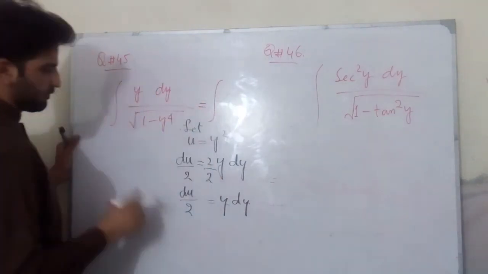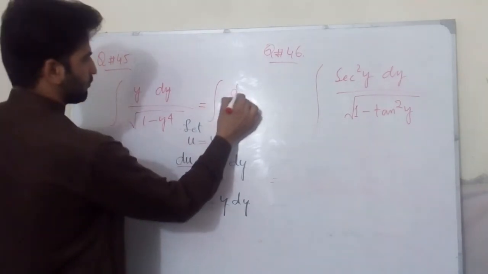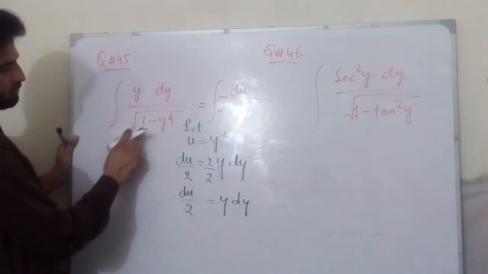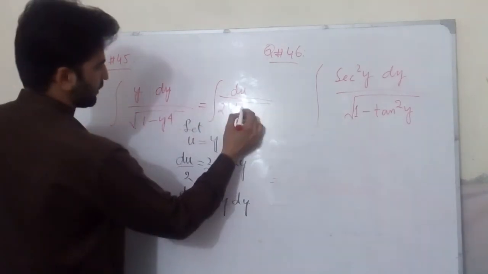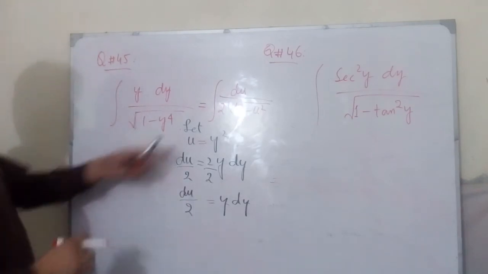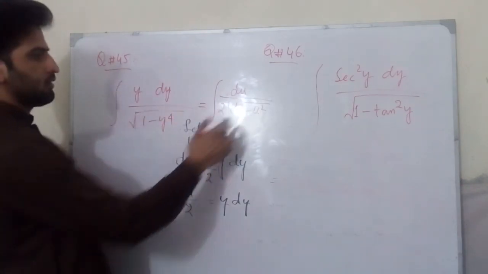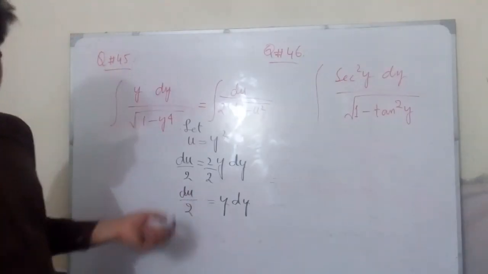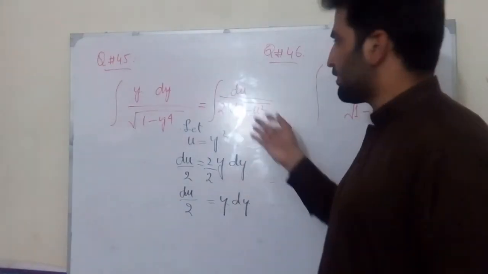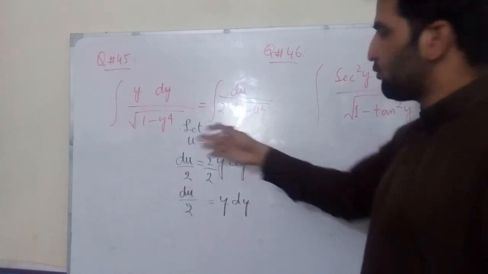So this is du by 2 into 1 over the root of 1 minus u square. So you can solve this question. 1 over root of 1 minus u square is sine inverse u, no problem. So 1 by 2 sine inverse u, and you put the value of u.